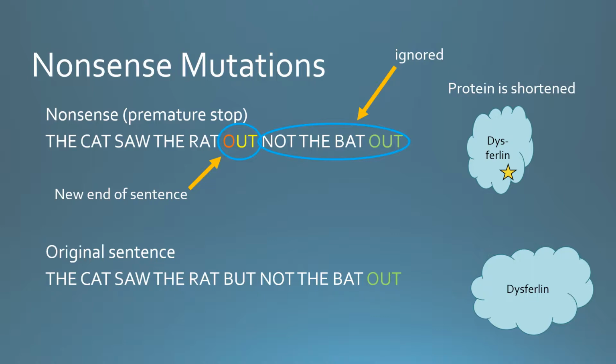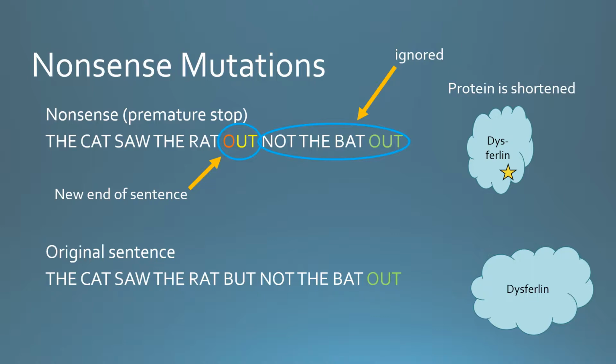But in genetics, it has a very precise definition. What that means is that you stop creating the amino acid sequence of the protein before the real end of it. Our code word in this sentence analogy is the word out. That signals the end of the protein.